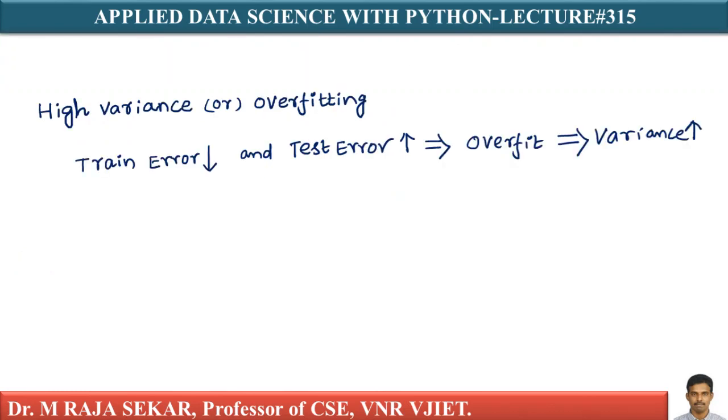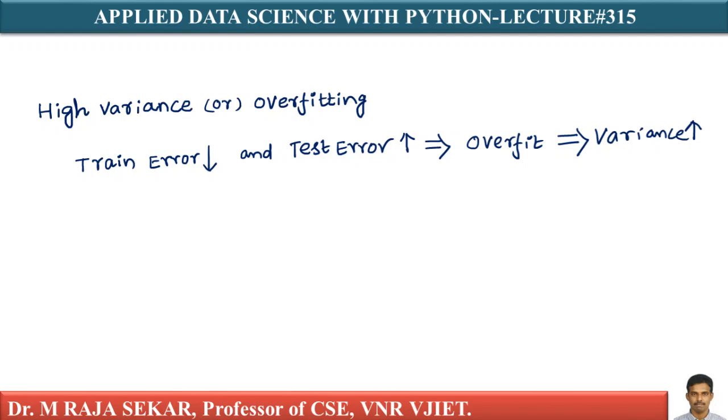What is high variance or overfitting? One way to determine high variance is to look at both train error and test error. Here you have to see both terms. If train error is less and test error is high, this implies that there is a very high chance that the model will overfit, or your variance of the model is high.